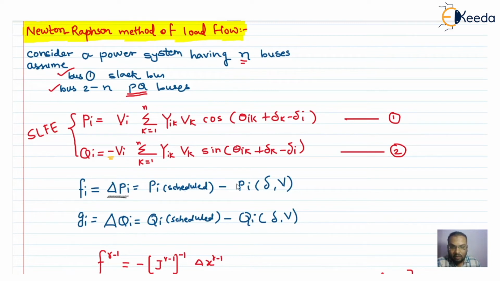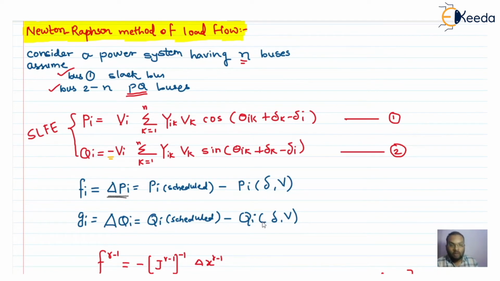This is the scheduled power and this is the actual power available on the ith bus, so this gives me the difference in the real power. Same for the reactive power: the scheduled reactive power minus the actual reactive power.